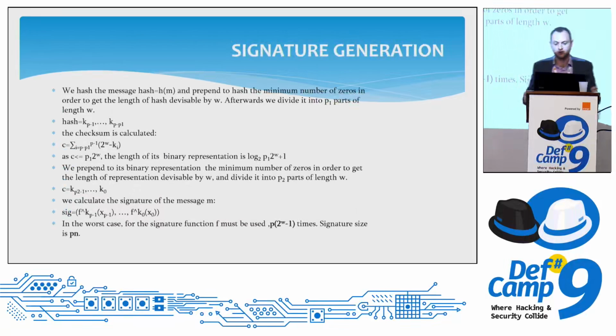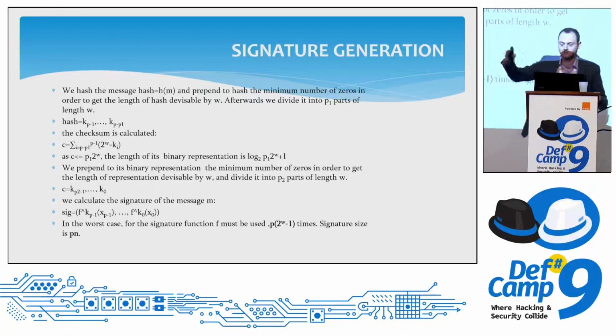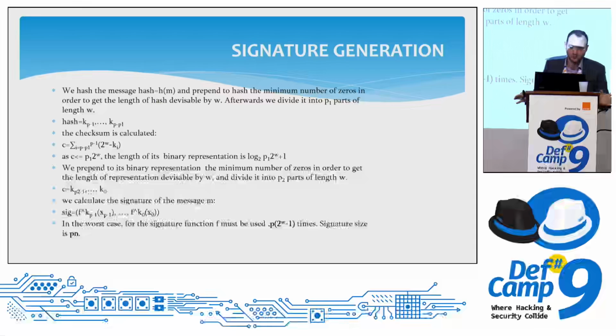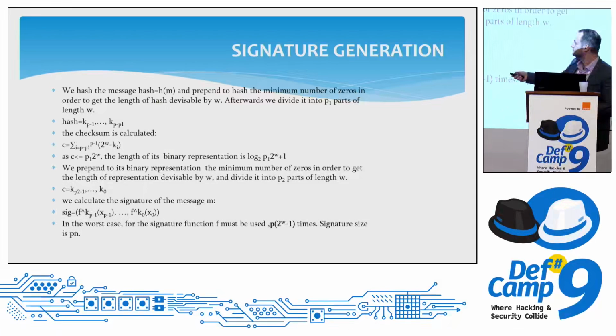So how do we generate a signature? We hash the message and prepend the needed number of zeros to it. Why? Because it must be divisible by w. Afterwards, we calculate the checksum.